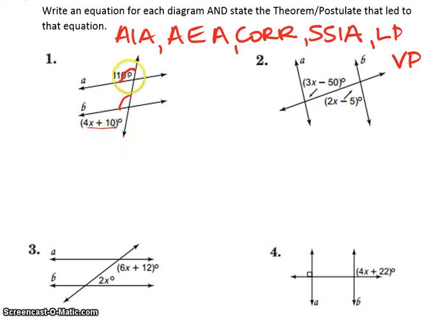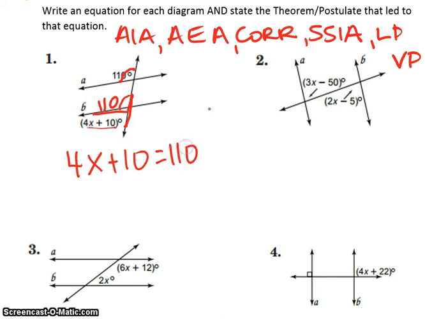Okay, so that means that if this angle up here is 110, that this angle is also 110. And then we can notice that these two here are a linear pair. So the equation I can set up is 4x plus 10 equals 110. And then you would go on and solve.